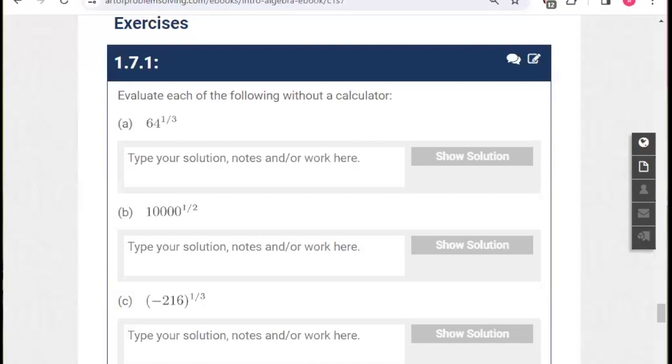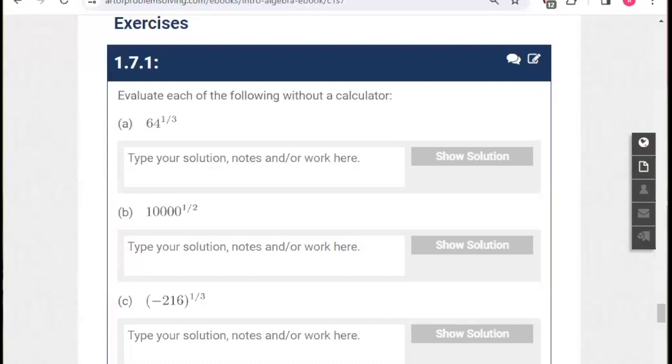Sophia, can you do 64 to the 1/3? What does that mean? Tell me what it means. Sophia? Do you know what that means? Or you want a hint? Here's my hint. If I wrote 25 to the 1/2, that means the square root of 25, correct?